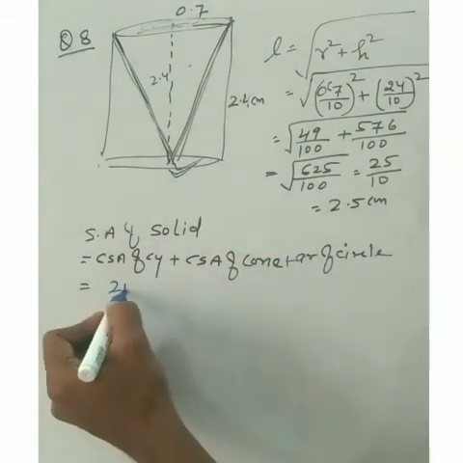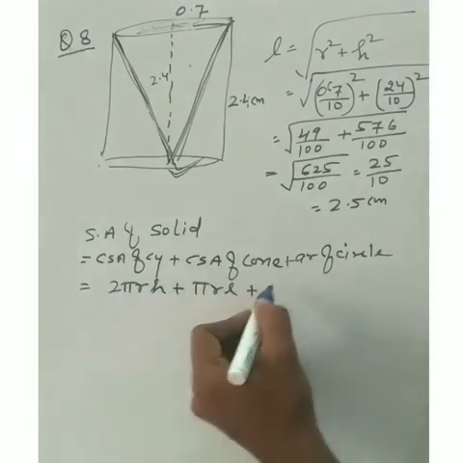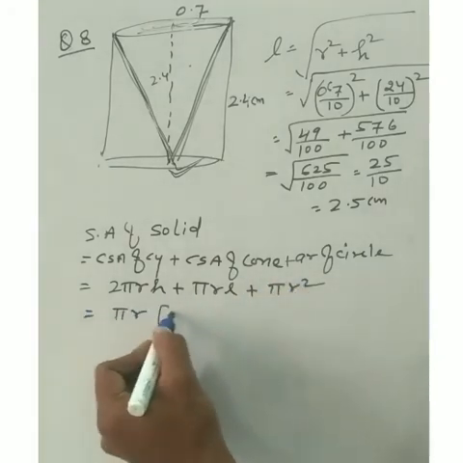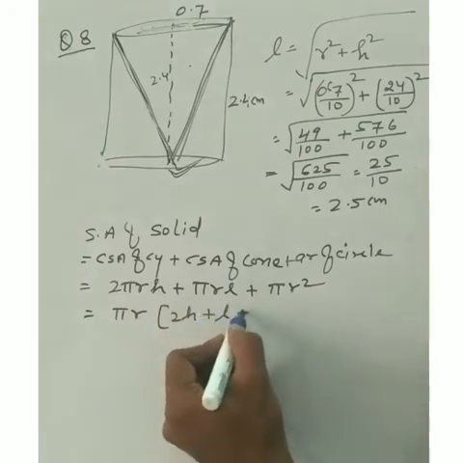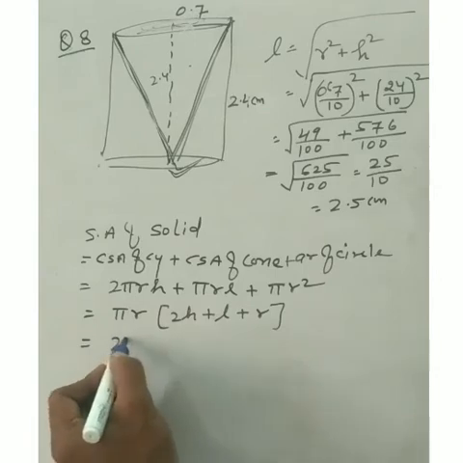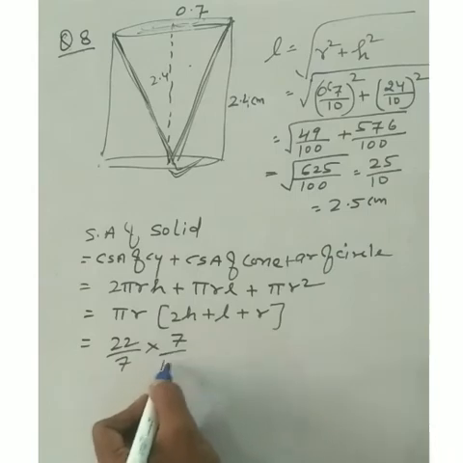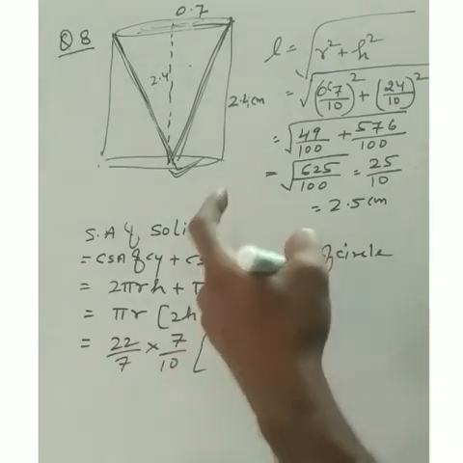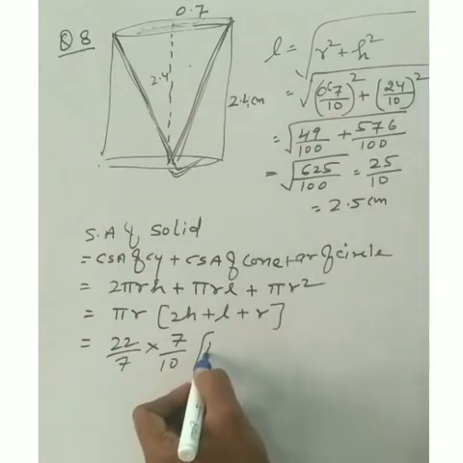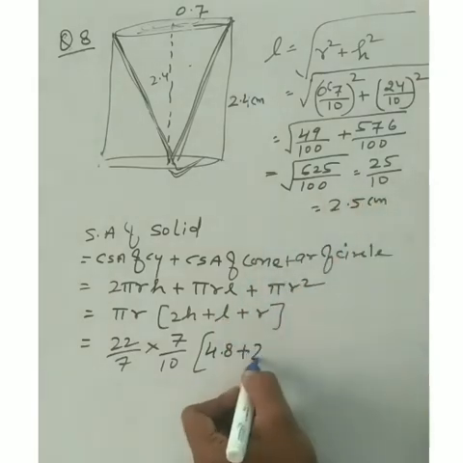CSA of cylinder is 2 pi RH. Cone is pi RL. Circle is pi R square. Pi R common. 2H plus L plus R. Pi 22 by 7. R 0.7 means 7 upon 10. 2 into 2.4, that is 4.8 plus L. L is 2.5.